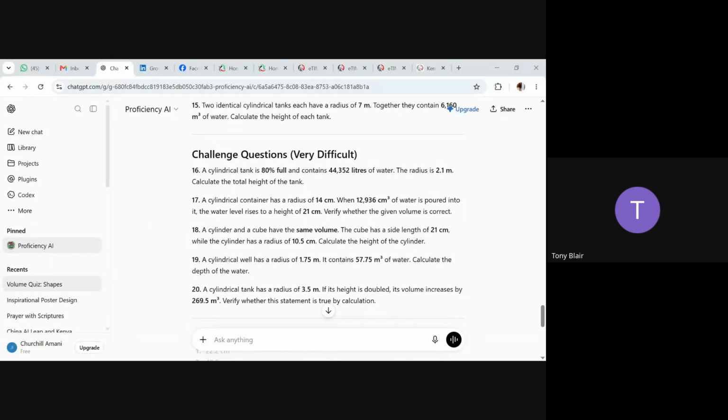Pi, though not given, I took 22/7 times radius, which is 14 times 14 times the height, which is 21 centimeters. When all that calculation is done, you will get 12,936 cubic centimeters, which is equivalent to that stated in the question.